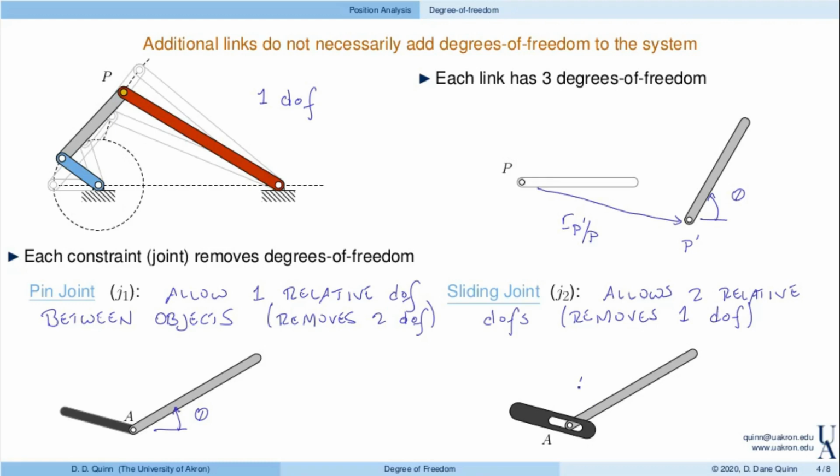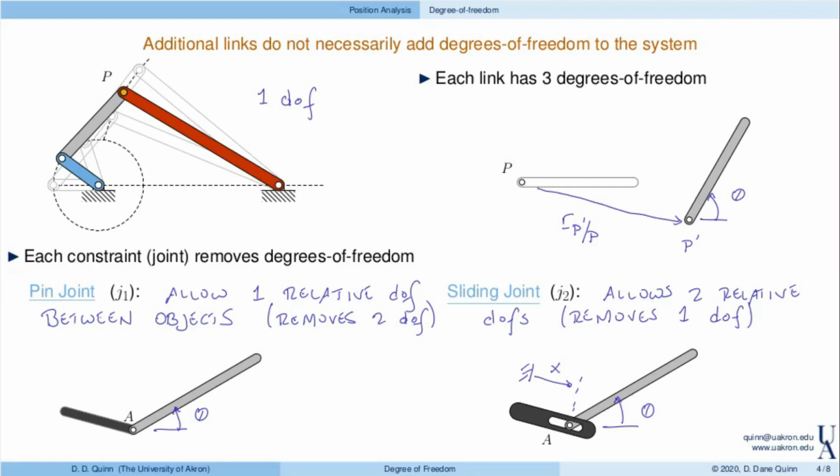And here maybe we would measure the displacement along the slot, and then we could measure the rotation of the link as our 2 coordinates needed to describe the configuration here. So again, we see a 1 degree of freedom joint and a 2 degree of freedom joint given in these 2 examples.